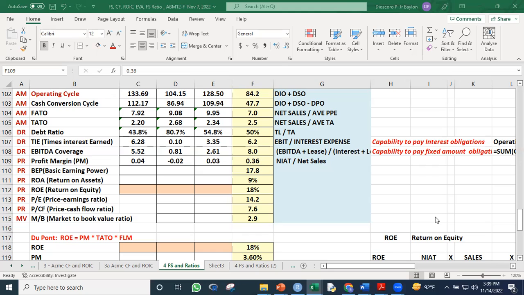Nasa profitability ratios na tayo, no? Basic earning power, anong formula niya? All right. EBIT over your total assets. Okay.